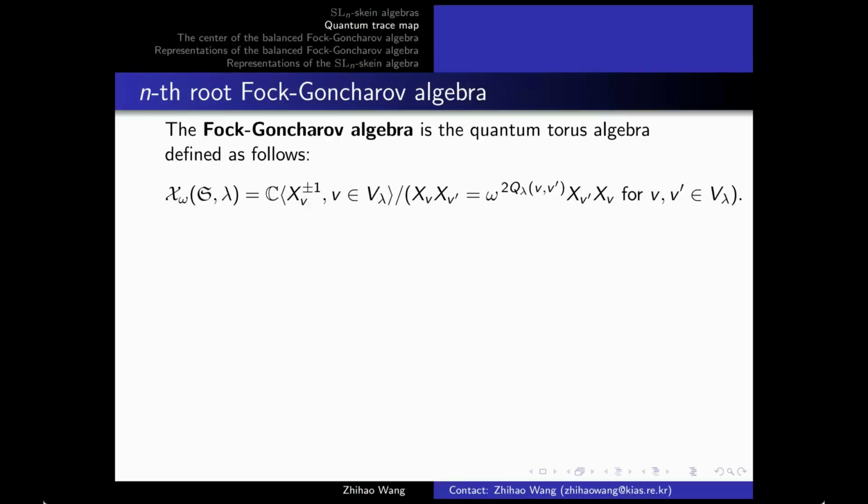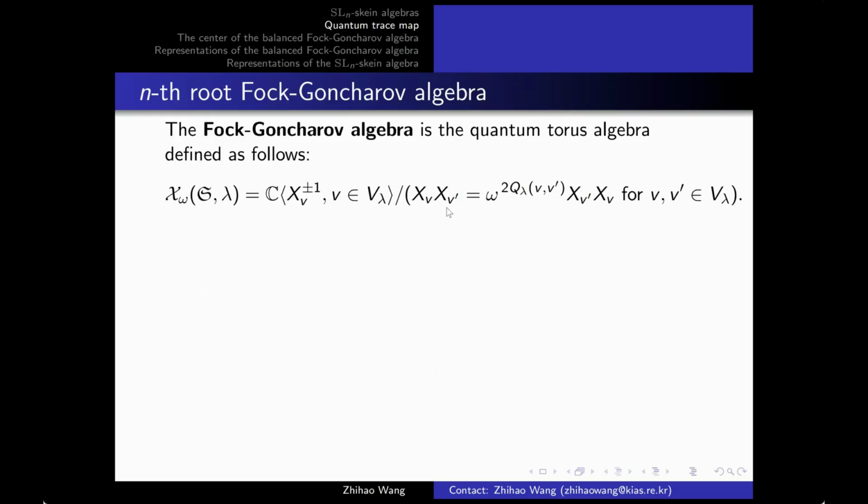Now let's look at the definition for our target space, the quantum torus. Actually, this one is not the target space, but it is related to the target space. The Goncharov algebra is the quantum torus algebra defined as follows. It is something like a Laurent polynomial algebra, but the X_V and X_V prime are not commutative.